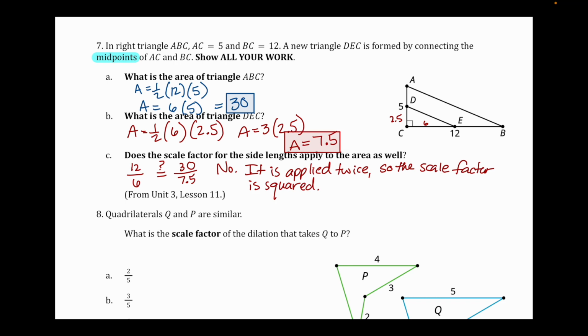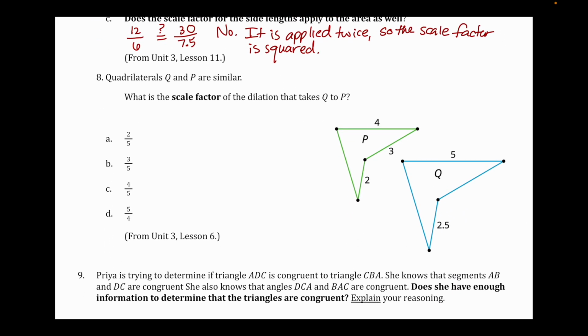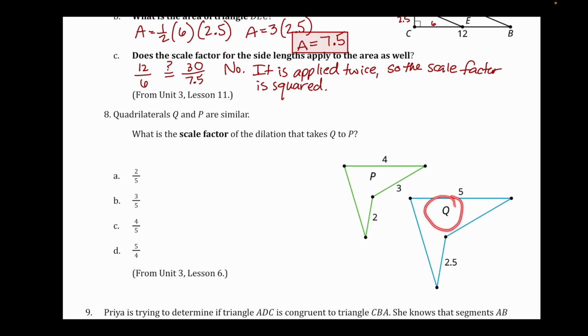Then question 8, we have quadrilaterals Q and P are similar. What is the scale factor of the dilation that takes Q to P? So we're going from here to P. So I need to know what takes me here. I'm going to use corresponding pieces 5 and 4. So 5 and 4, we know it's either going to be 5 over 4 or 4 over 5.